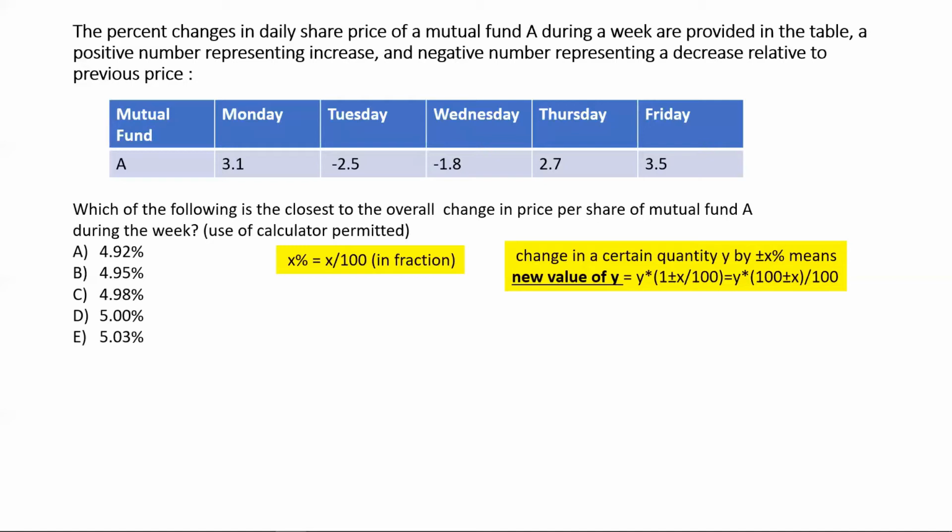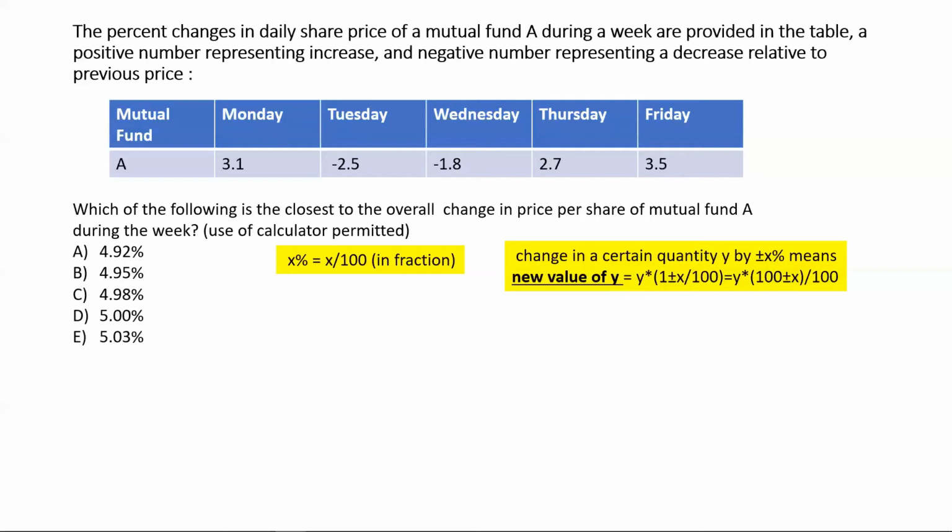In this particular problem, we're given 5 percentage changes, and one important thing to note is that each percent change is relative to the value the previous day. For example, Tuesday's percent change, negative 2.5% in this case, is relative to the value at the end of Monday.